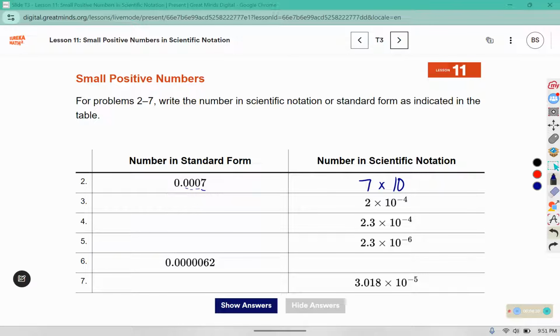Which if we were to move that decimal, we would need to move it 4 spots to get it to where it is now, behind the 7. And so since this is a very small number, it needs a negative exponent, which could be written as 7 times 10 to the negative 4th power.